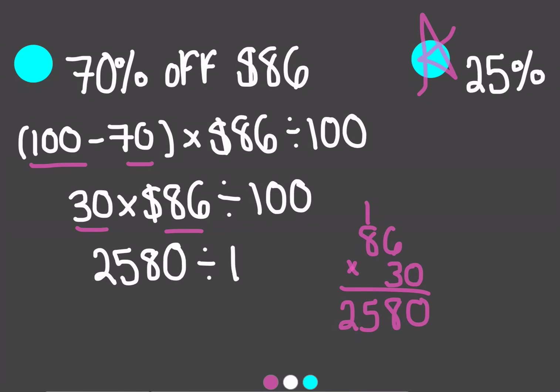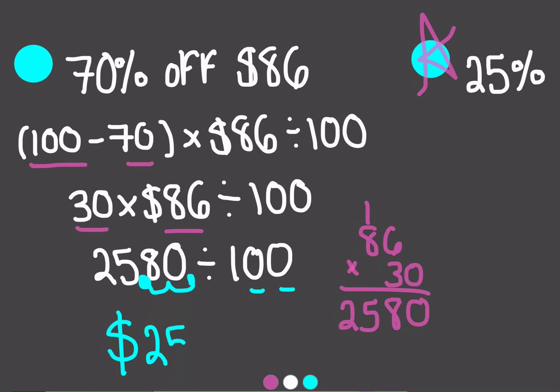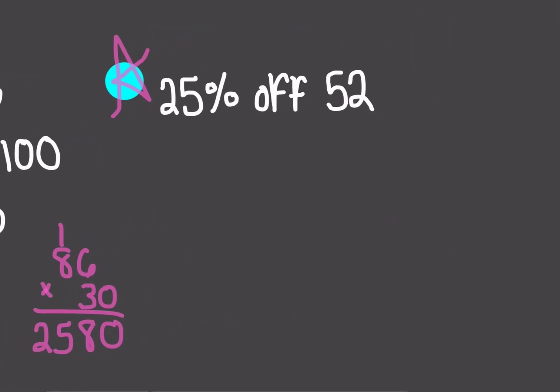And then to divide it by 100, all I'm doing is jumping that decimal over two place values. So that means whenever you go up to the counter, if it was originally $86 and you got it 70% off, you're only going to be spending $25.80. Kind of some consumer math going on.